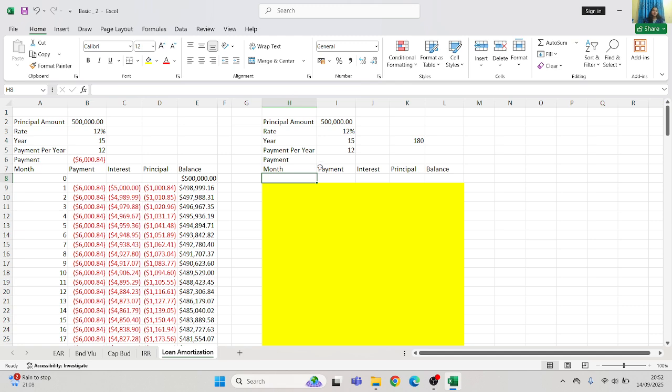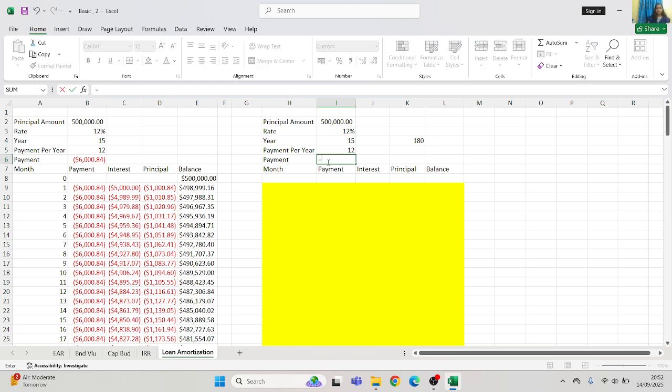How can we make a loan amortization table? First we select H6 to find the payment.